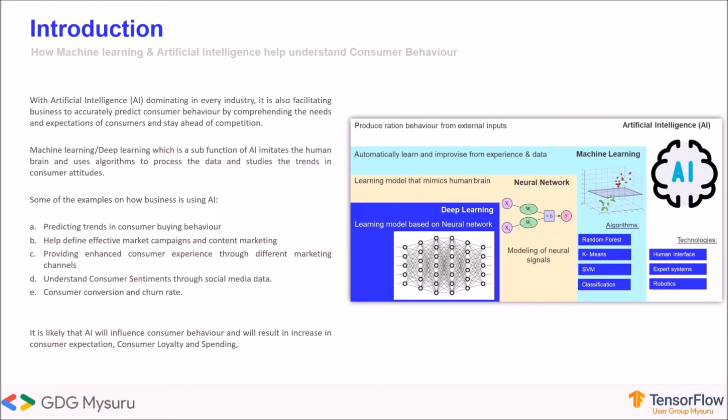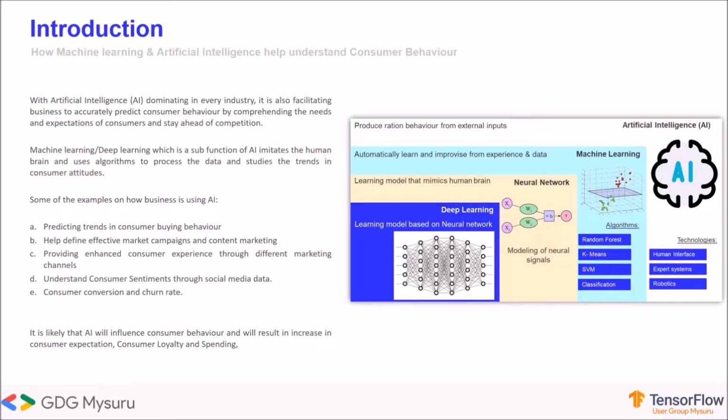So, with this quick background on AI, machine learning, and deep learning, a few examples where businesses are using AI on consumers' data are the ones I mentioned: predicting trends from consumer buying behavior, helping to define effective marketing campaigns and content marketing, providing enhanced consumer experience through different marketing channels, and understanding consumer sentiments, which is essentially text mining of social media data.